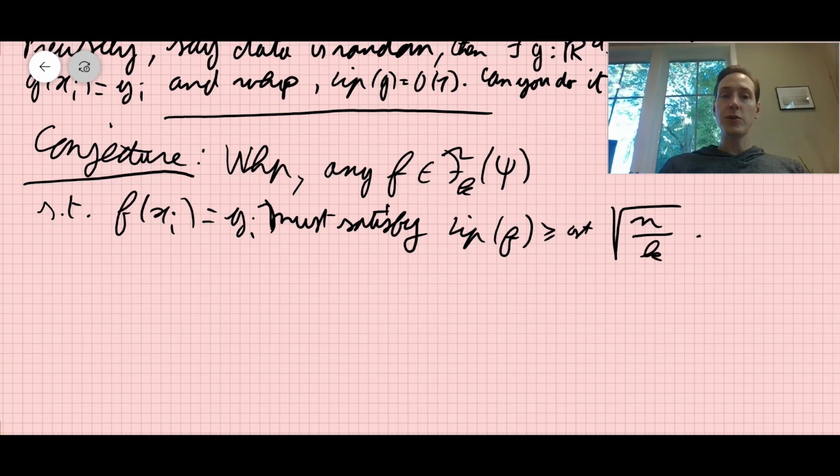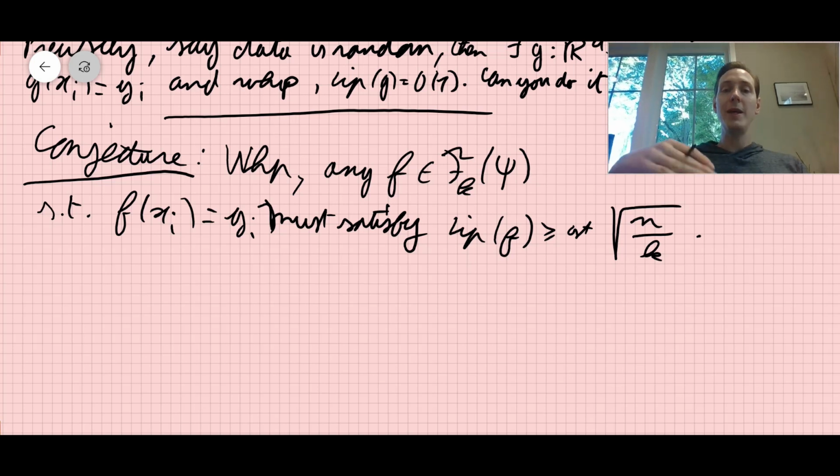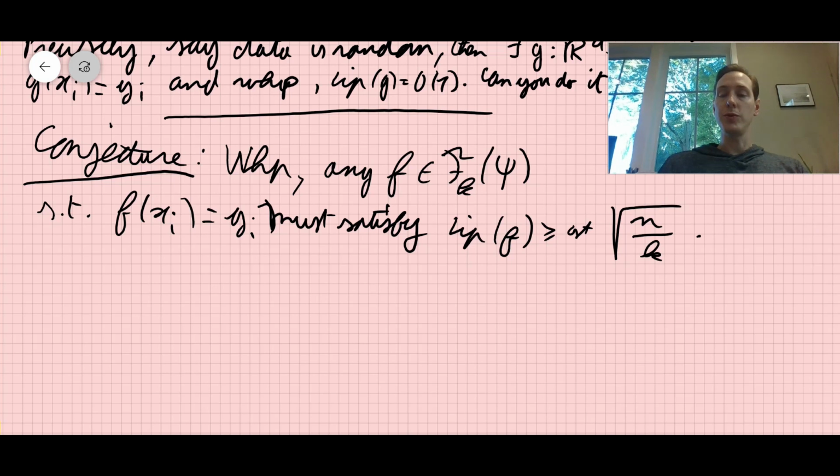Our main conjecture states a lower bound. You need to vary at least a certain amount if you have a few neurons. You see that the right-hand side, the lower bound on the Lipschitz constant, is increasing when k is decreasing. So when you get a smaller network, you need to have a bigger Lipschitz constant.